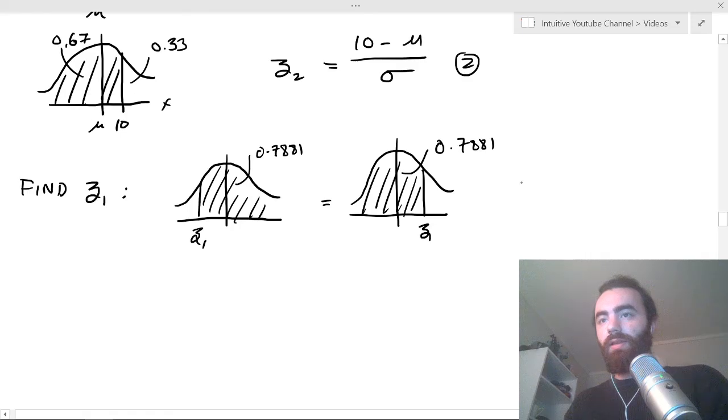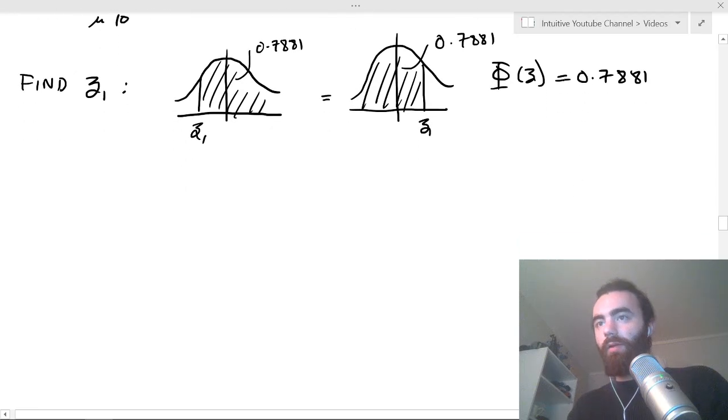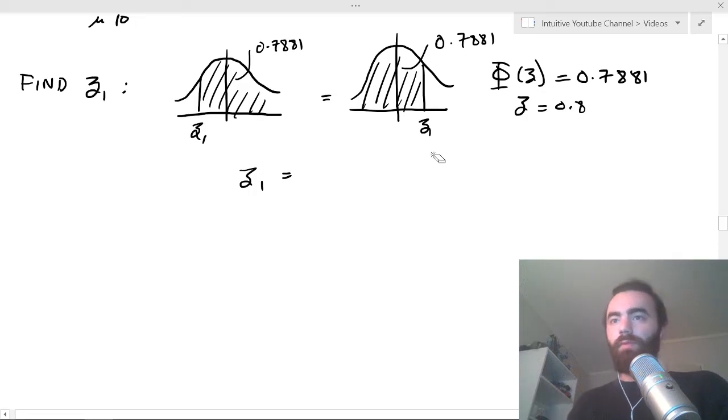So this z is going to equal what z corresponds to 0.7881 area. Well, I looked that up as well to save us time, and that z is actually 0.8. So a 0.8 corresponds to a 0.7881 probability or area. So that means that this z1 equals the negative of that, negative 0.8, because it's symmetric.